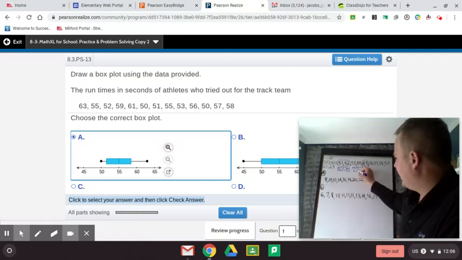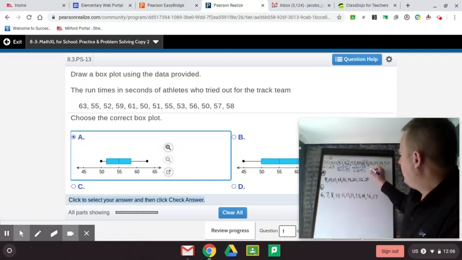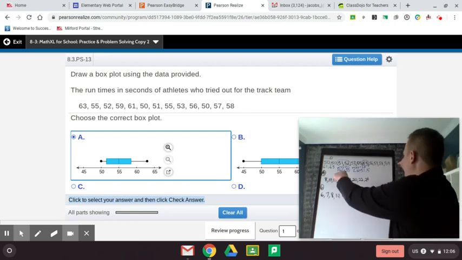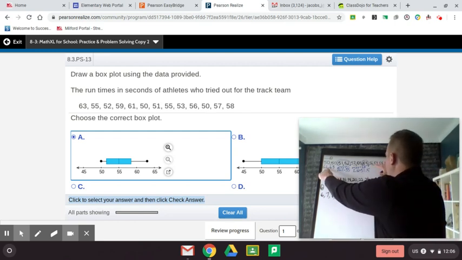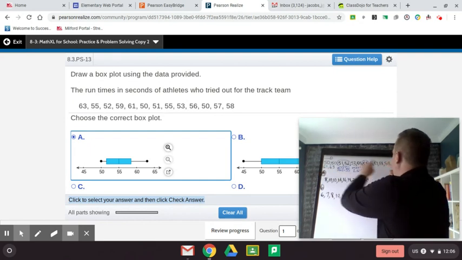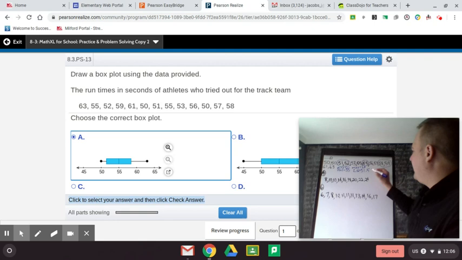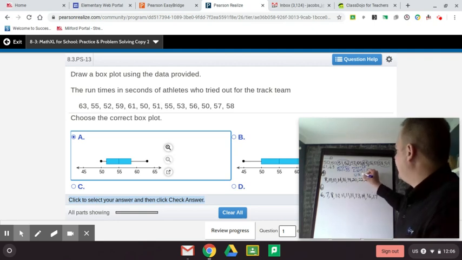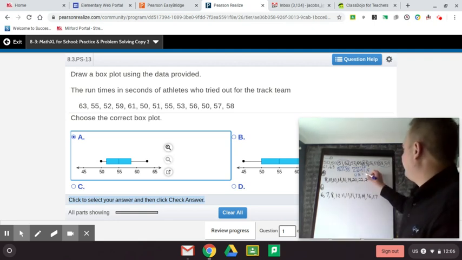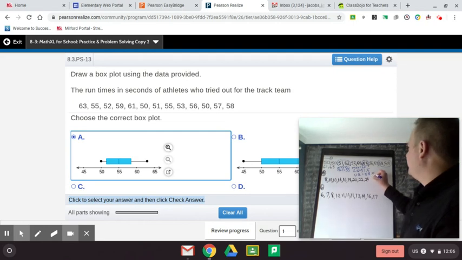So the lower quartile is 51.5. Now the upper quartile. And it comes between these two, so you add them up, divide by 2. The upper quartile is 58.5 when you add them up and divide by 2.